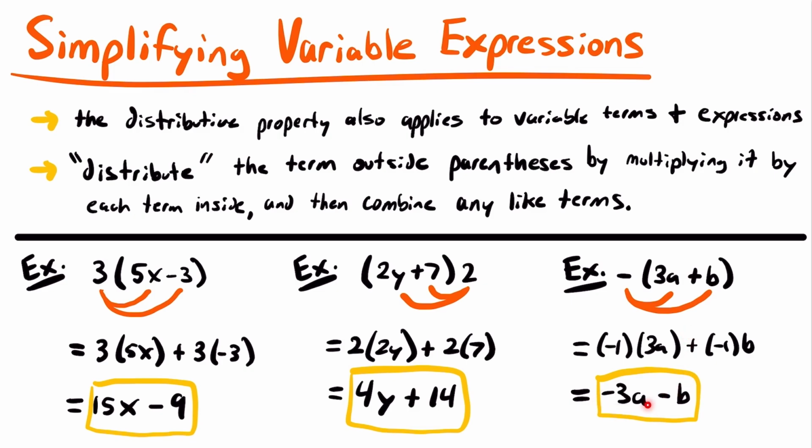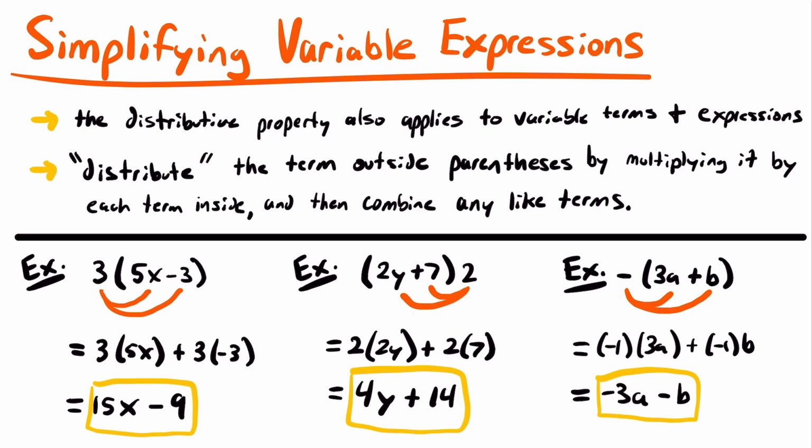And you'll see that's exactly what we have down here, -3a and -b. Okay, so when you just have a negative in front of a set of parentheses, a trick for distributing quickly is to just change the sign of each term inside the parentheses.